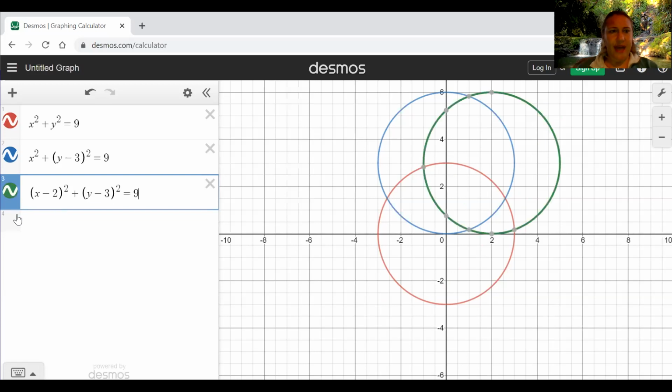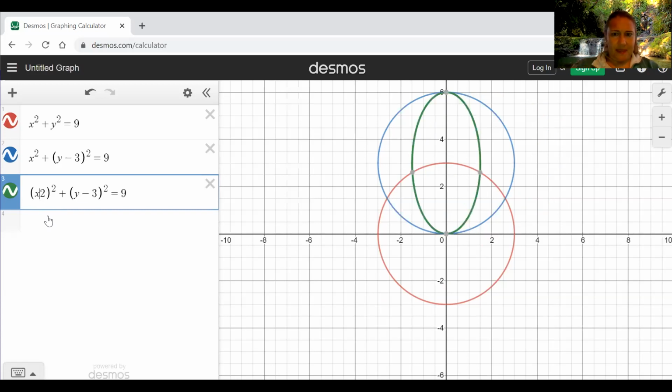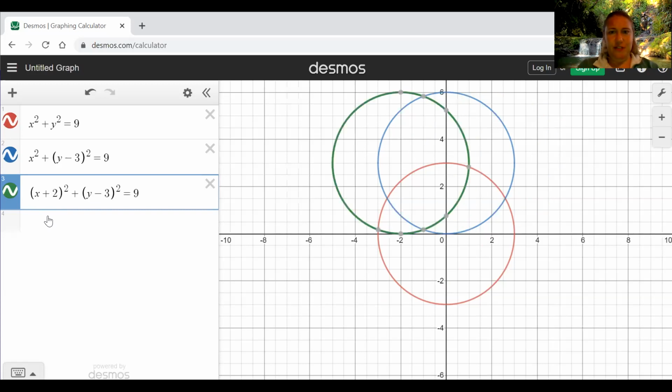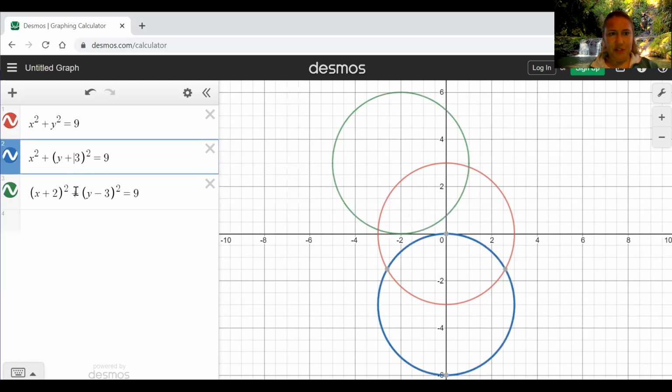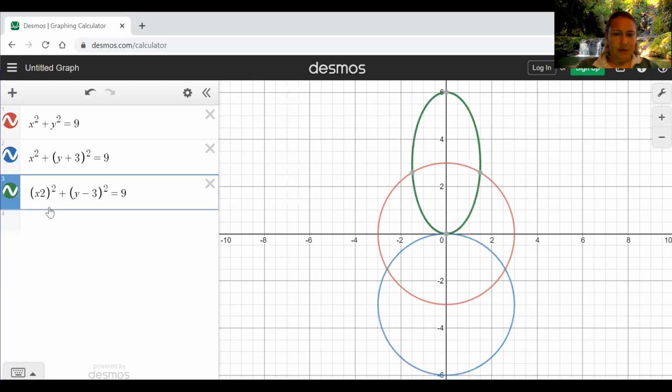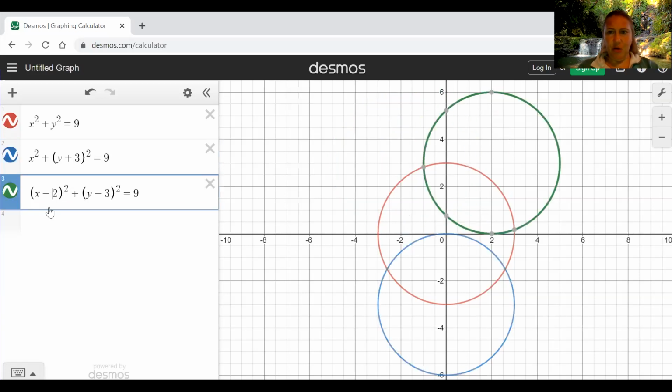Notice what that did. See how the plus 2 pushed it to the left 2? And again, this is the wonderful thing about Desmos. I can play around. If I change that to a plus 3, it moved it down 3. If I made this a minus 2, it moves it over.